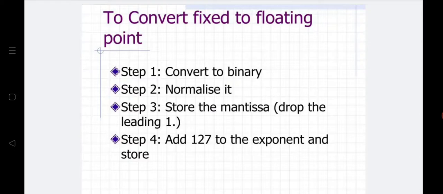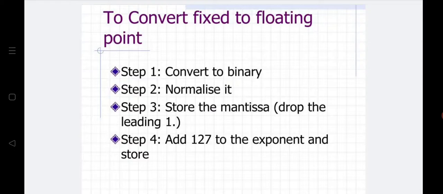Once you are done with your normalization, store the mantissa. Okay, drop the leading one. That is, the integer part is 1 point something, and that 1 point you drop. Whatever the fractional value is, you are going to write it in the mantissa. Very simple, no? Now you are done with the mantissa. Next, I need to go with the exponent.